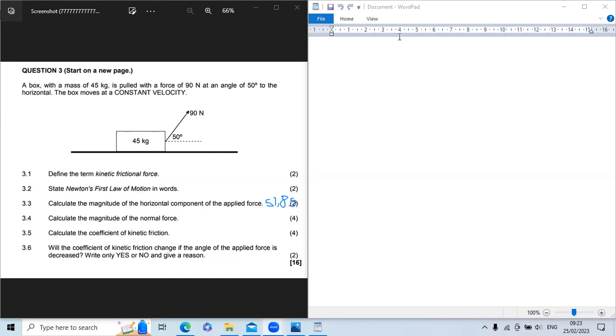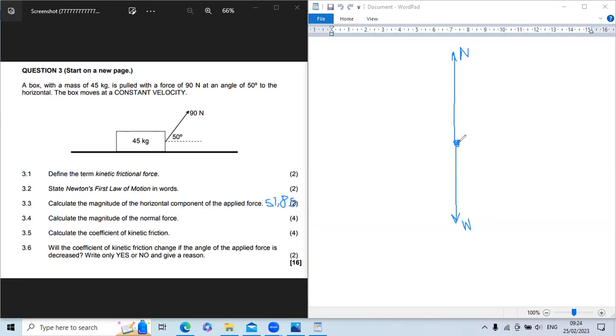What you're going to do is, you know that the net vertical force, we're going to have our free body diagram. This is going to be our normal, and this is going to be our gravitational force, let me just say weight.